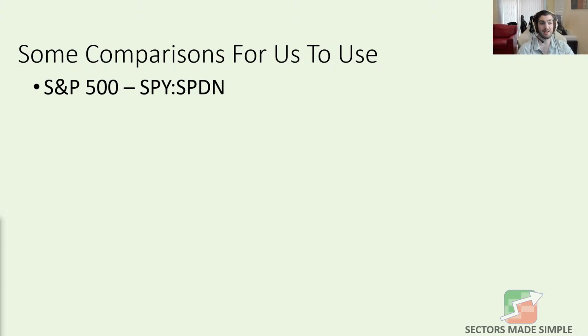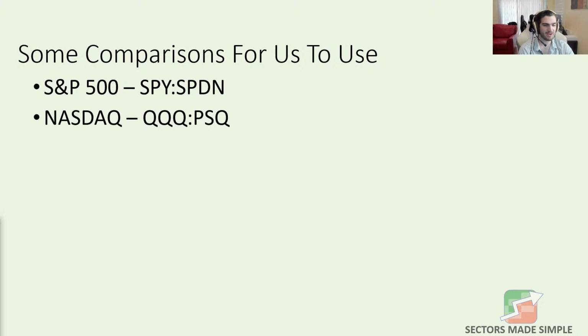And SPDN, which is the inverse ETF for SPY. So when the S&P 500 goes down, SPDN goes up. That exact same thing, comparing the one that goes up with the market against the one that goes up when the market goes down, is the next couple of comparisons as well.